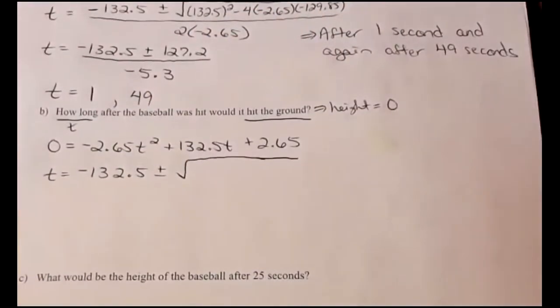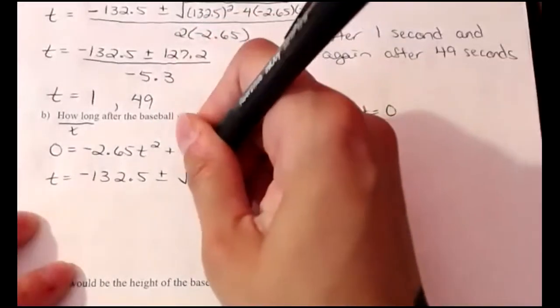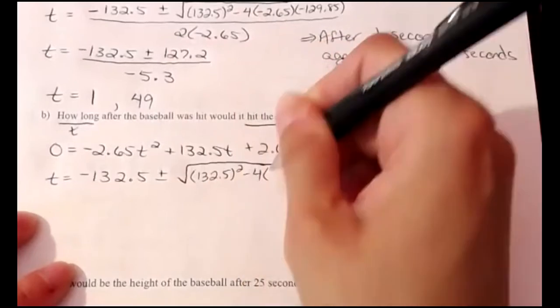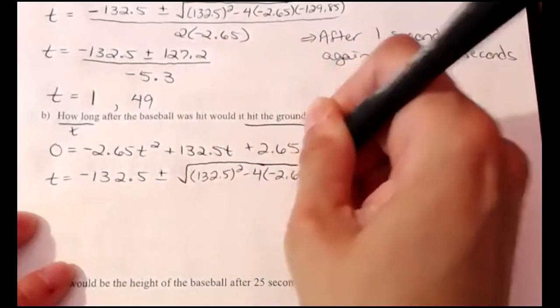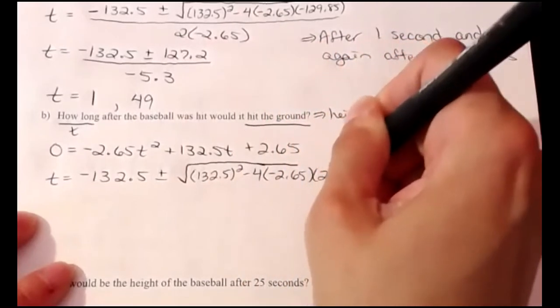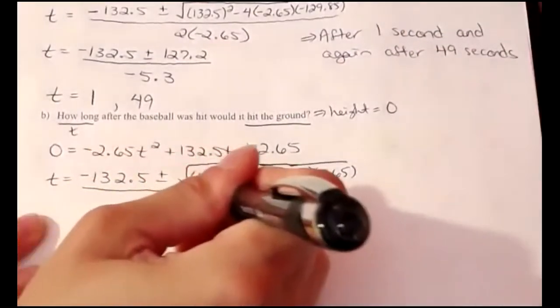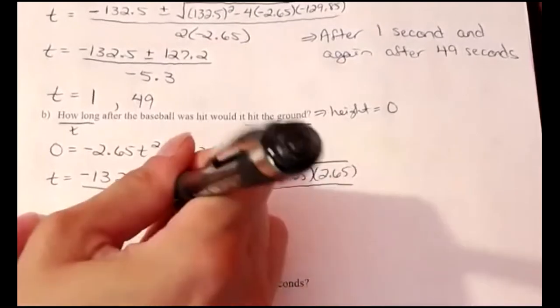So we're not going to copy down exactly what we had before. We want to be careful with that. So B squared minus 4 times A times C, all over 2A.